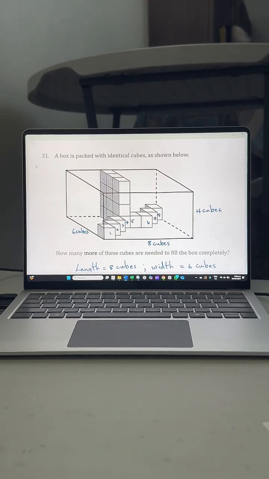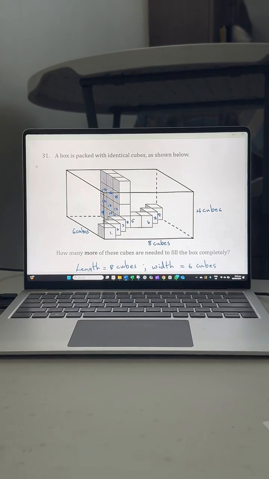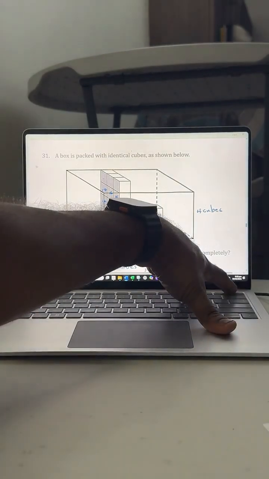And then we go in 9, 10, 11. Squeeze in there. 12, 13, 14, 15, 16, 17. Wait, something's wrong. I counted 11 twice. This wasn't supposed to be counted. Hold on.